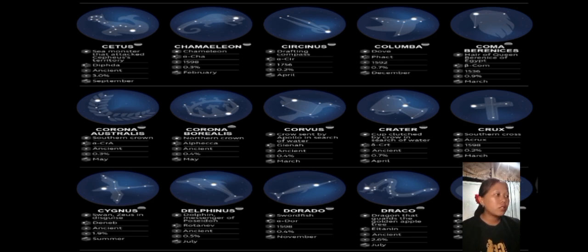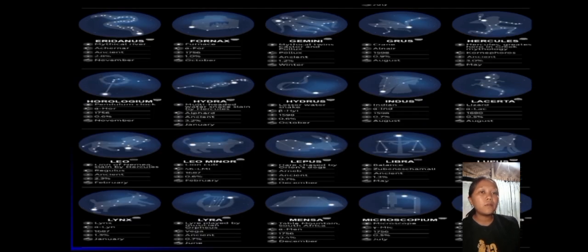And Crux, the southern cross. Then Cygnus, the swan, Zeus in disguise. Delphinus, dolphin, messenger of Poseidon. Dorado, swordfish. Draco, dragon that guards the golden apple tree. And Equuleus, little horse.